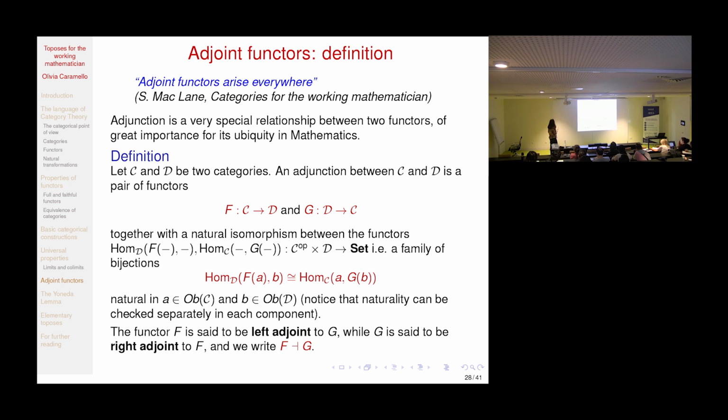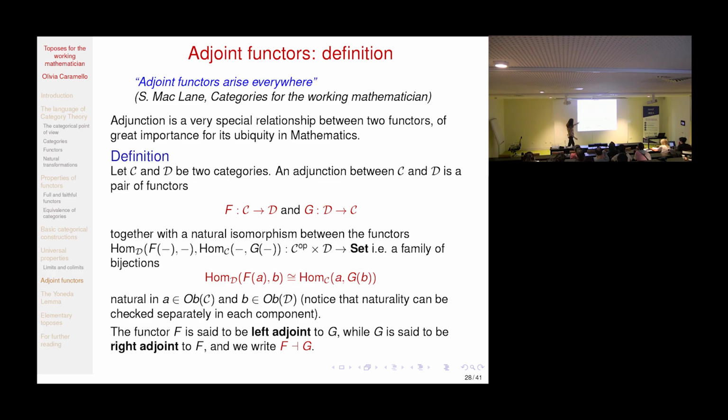Okay, so this is the abstract definition. Notice that the two functors don't play a symmetrical role, so we have to distinguish between left adjoint and right adjoint. So this is the notation. So we write the left adjoint on the left and the right adjoint on the right.